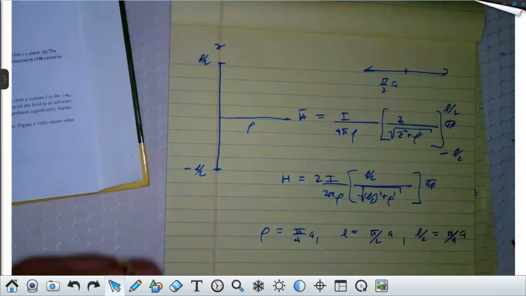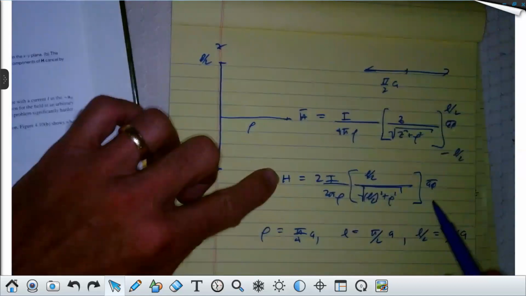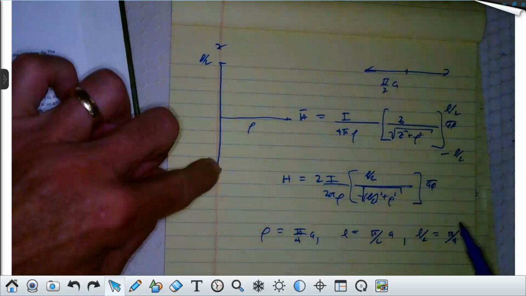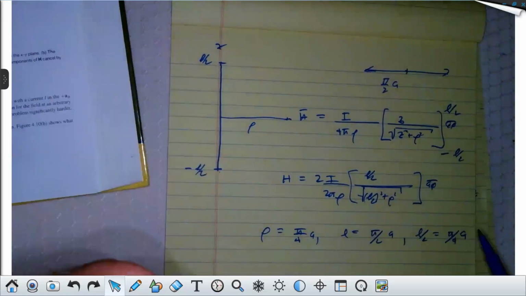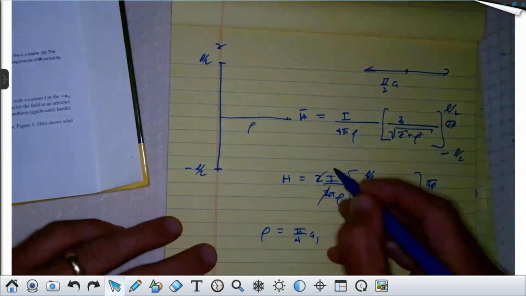Now, this is what it is from one side, right? From 4 sides, it would be 4 times that. Do you agree, class? This is just one side. We have 4 sides in that square, so we multiply by 4. And what that does is gets rid of that and just puts a 4 here.